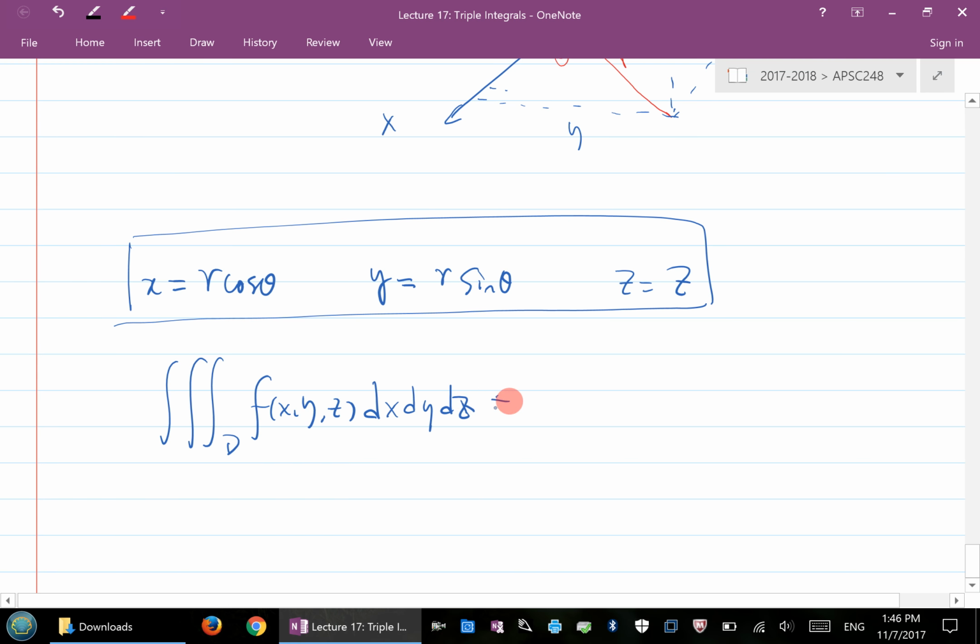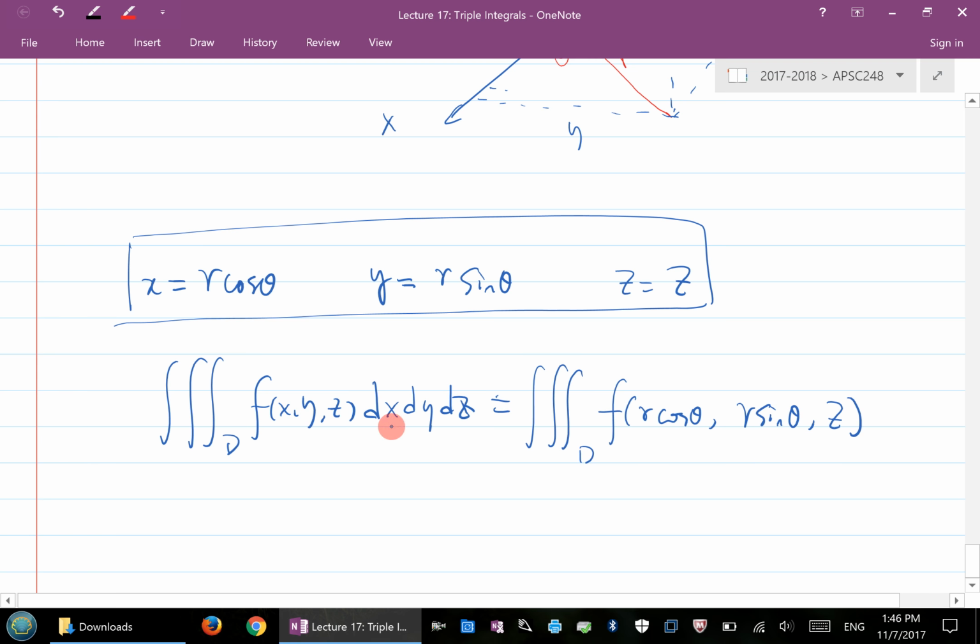Now you will have a new triple integral, but you will replace the x with r cosine theta, replace the y with r sine theta, and the z is kept the same. So the integrand function f should be changed accordingly.